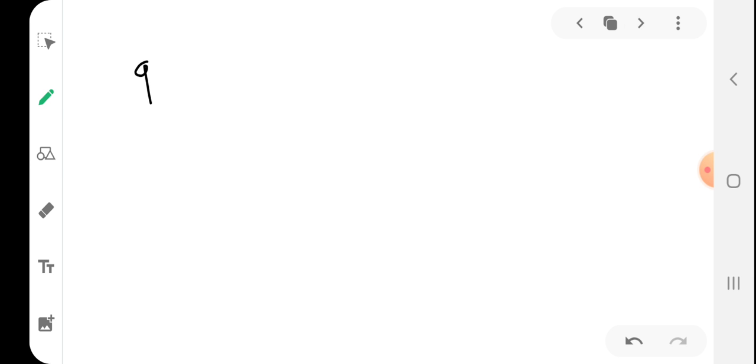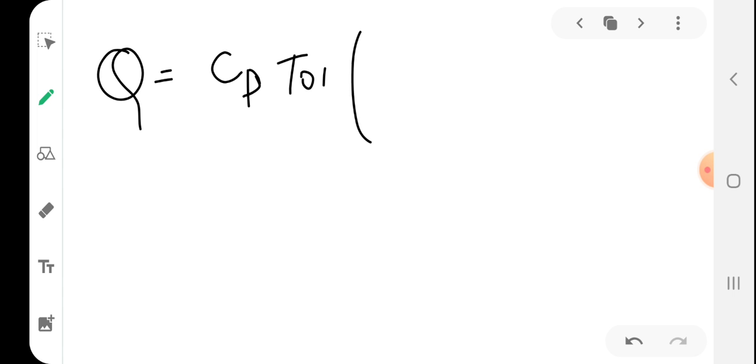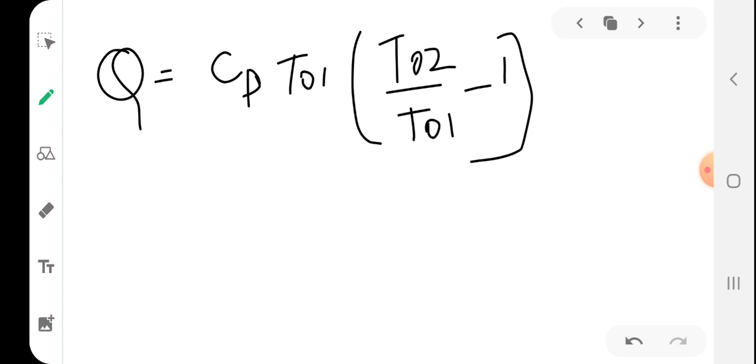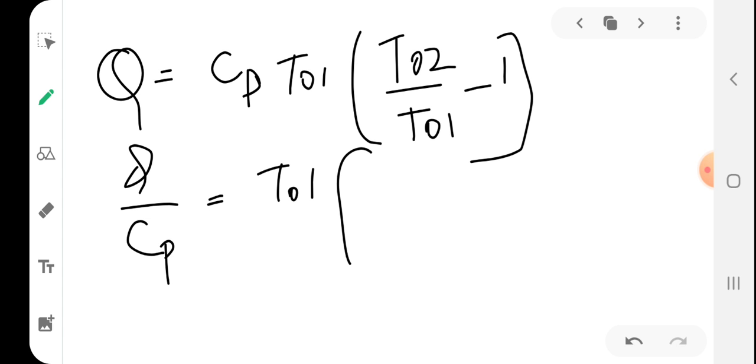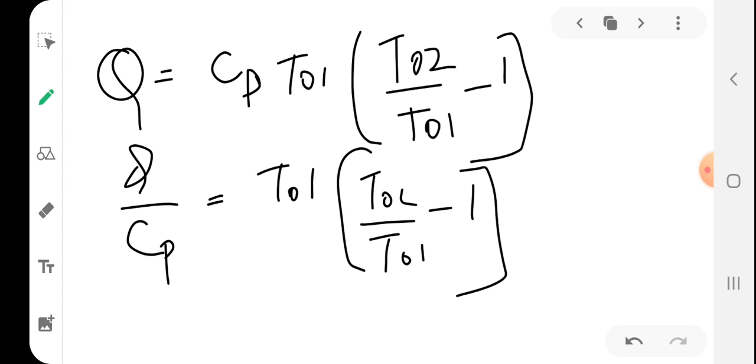Taking T01 as common, Q equal to Cp into T01 into T02 by T01 minus 1. I am taking Cp to the left hand side.